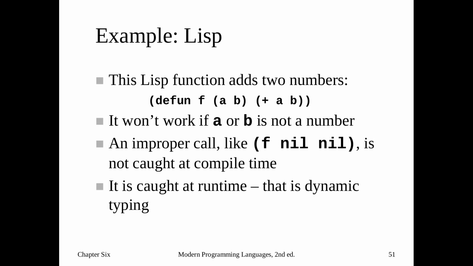So if you run the program with an improper call like f, where it takes in nil, it's not going to be caught at compile time, mainly because there is no compiler. It will be caught at runtime because this is essentially dynamic typing. This is similar to Ruby. You won't know that there's a problem with your Ruby code until you actually run it and find out it failed.